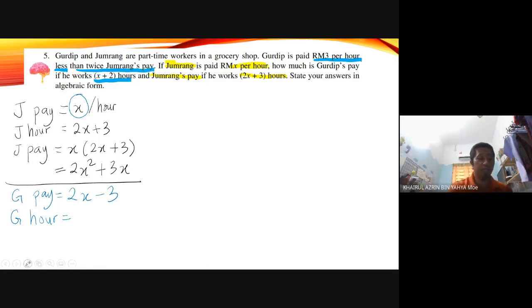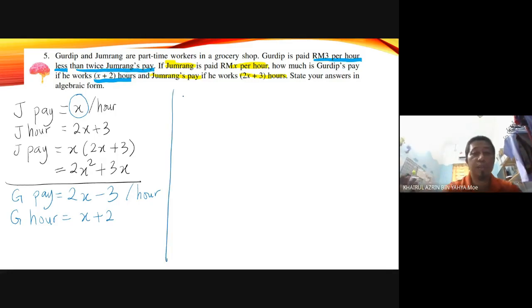So we write here x plus 2 hours. Gurdip's rate of pay is 2x minus 3 per hour. I forgot to write that. 2x minus 3 per hour. Okay, let me continue here.